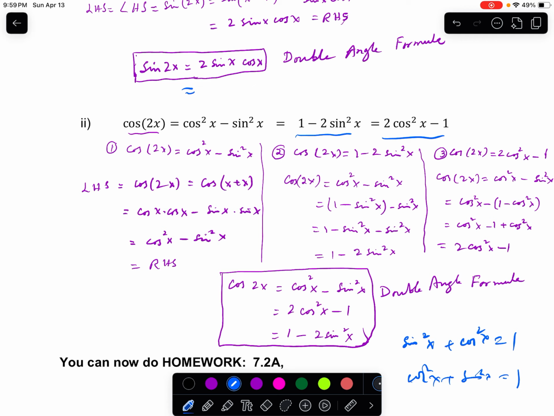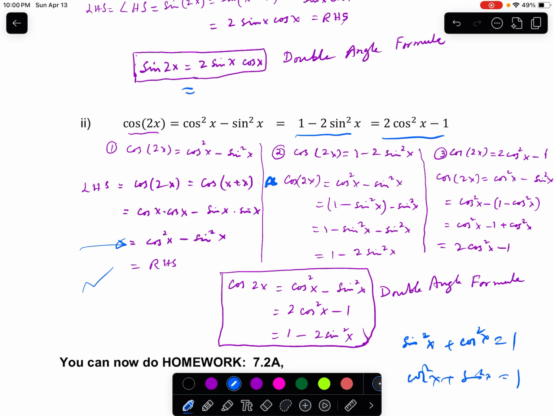Now let's show the second one. For the second one, I will start at this level. We know that cosine of 2x is equal to cosine square x minus sine square x.